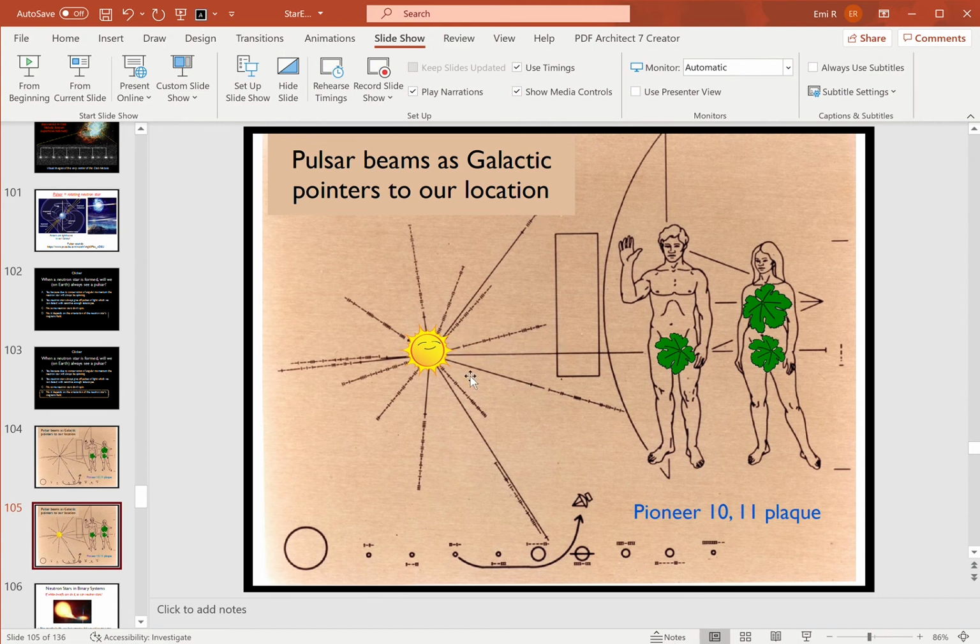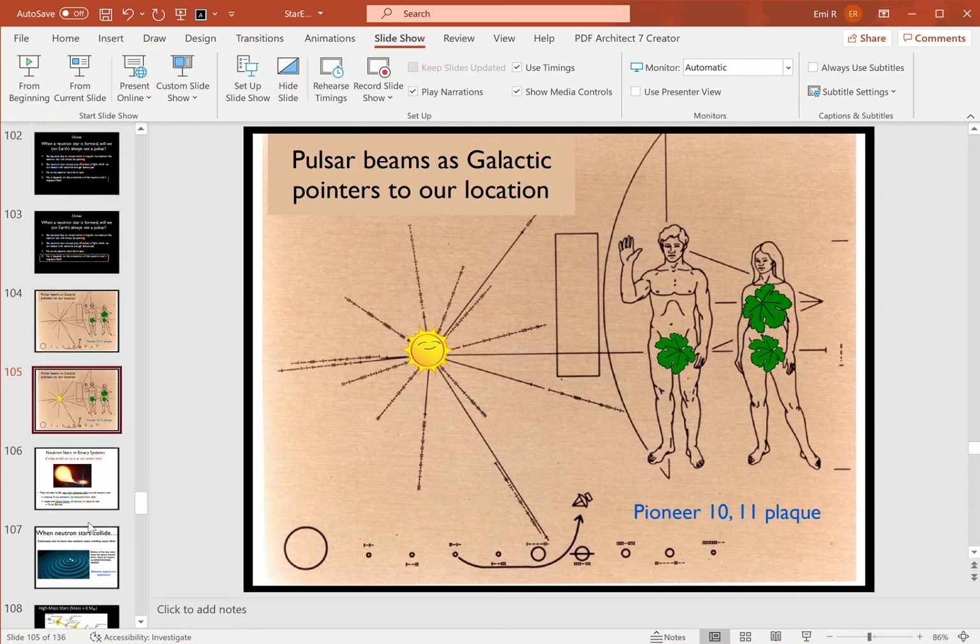So if extraterrestrials were to encounter the Pioneer spacecraft and read this plaque, we hope that they would be smart enough to understand that those are pulsar beams that would indicate our position in the solar system.